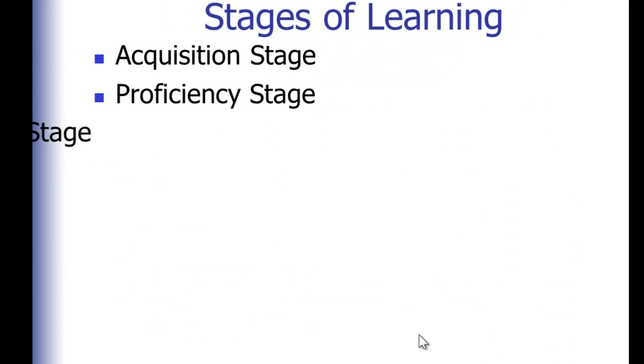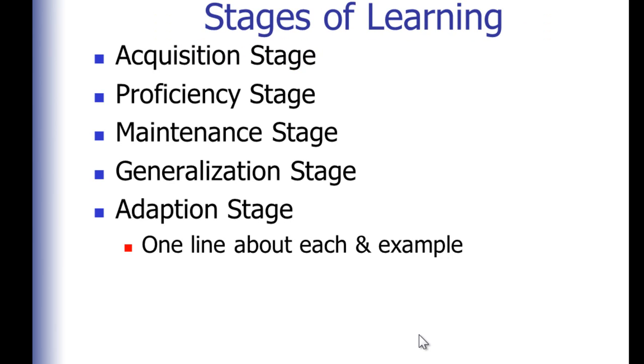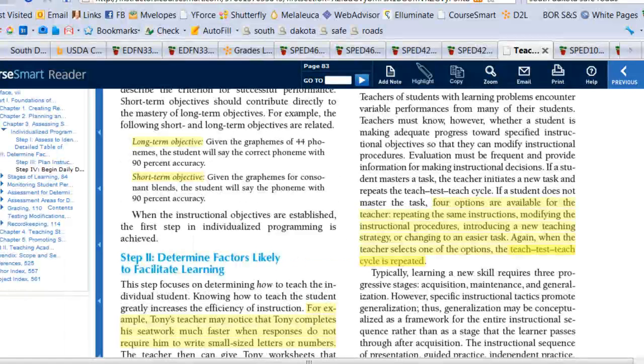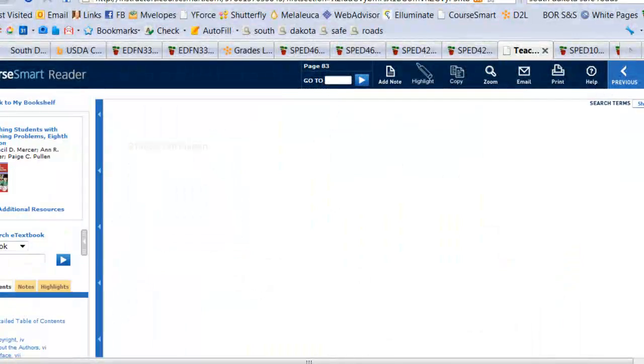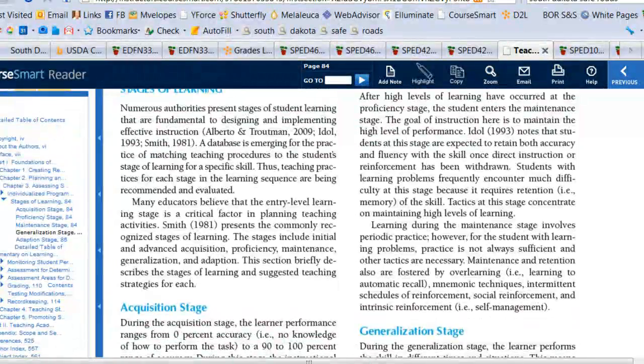Here are the stages of learning, and I know you're familiar with these stages of learning, and here's what I'd like you to do. I'd like you to bring these into your notes now, and just one line about each of these 5 stages and an example of each of those. And that comes out of this here on the stages. And it's pretty well done here.